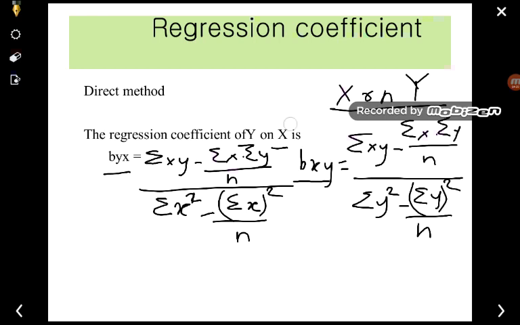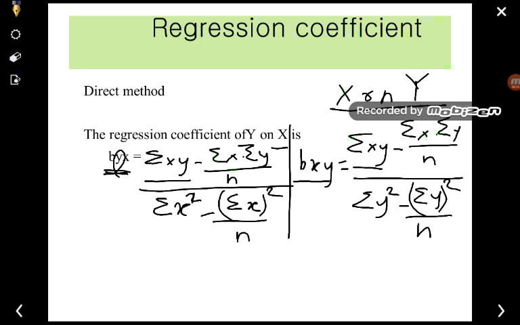The main difference between these two formulas is that the numerator is the same in both: summation of xy minus summation of x into summation of y. So everything in the numerator is the same, but the variation is present in the denominator.